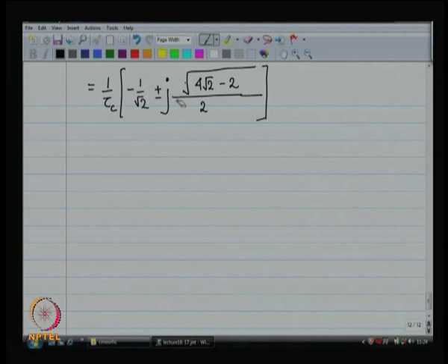You could also think of it in this fashion. All right, so these are the locations of the two poles.